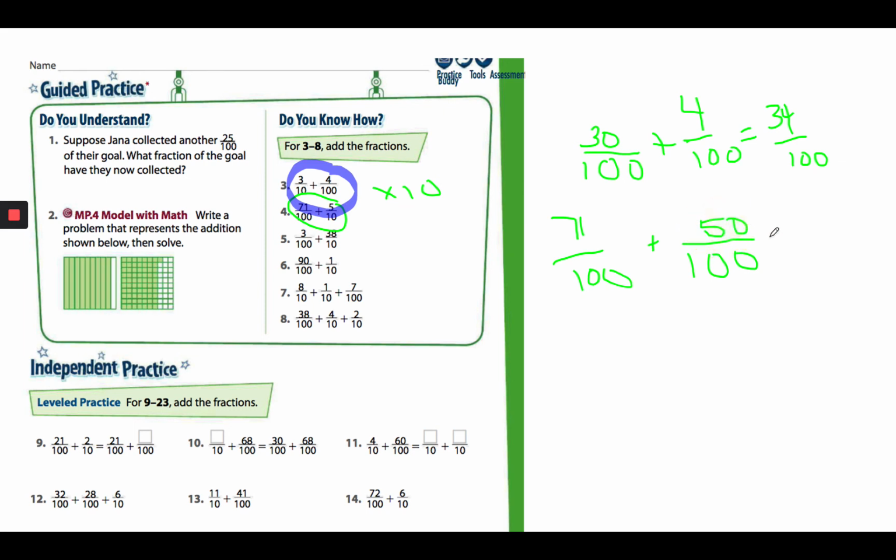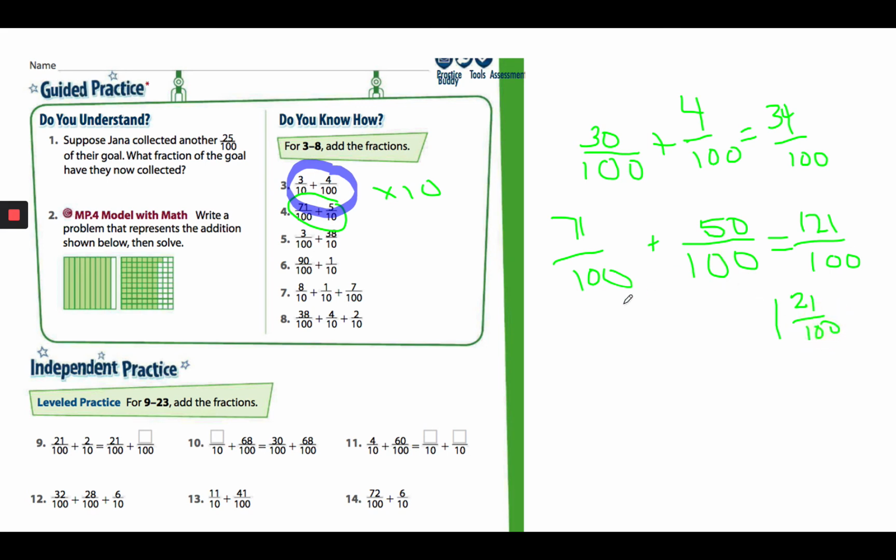And if we add that, ooh, we're going to have more than one. So we add 71 plus 50, so that's 121 hundredths. And we know that's an improper fraction, so we have 1 and 21 hundredths.